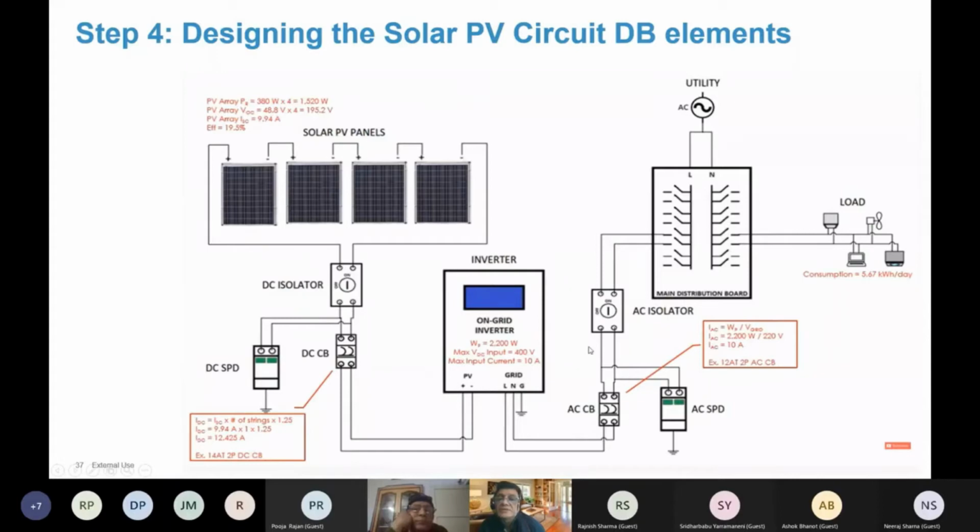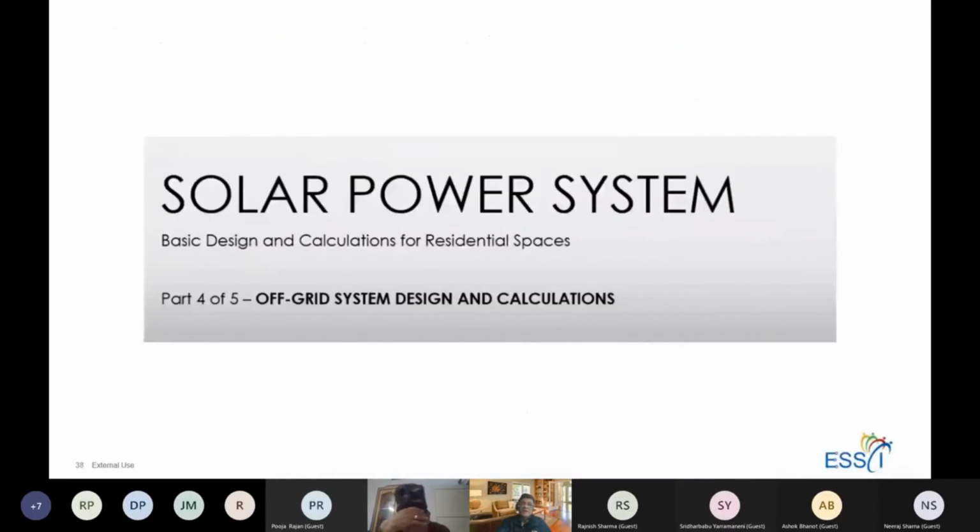So this is how you plan your output distribution board, and you have now got the basic design for the solar PV circuit. So this is covering your SPV design for on-grid.